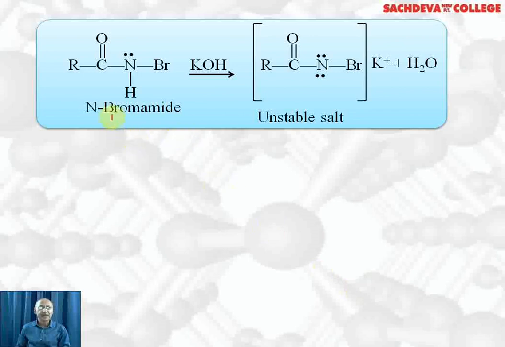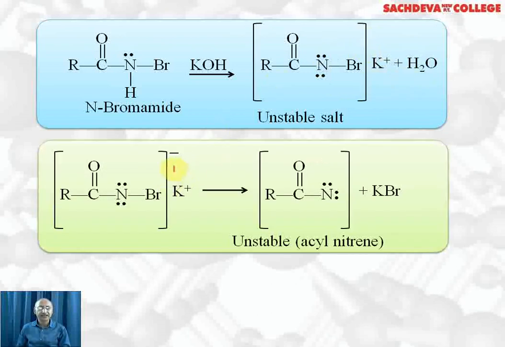In the next step, N-bromoamide reacts with KOH. KOH will give OH ion which will take up H positive ion from here, and we will get an unstable salt in which nitrogen has two lone pairs of electrons and is attached to potassium ion, plus water is formed.